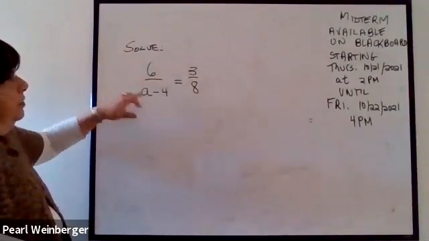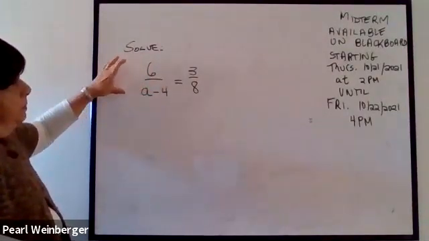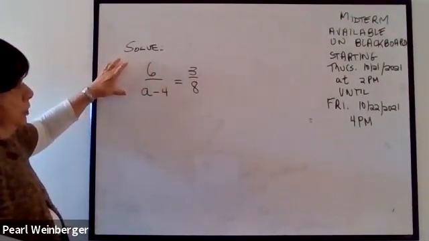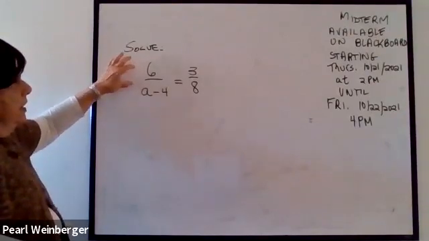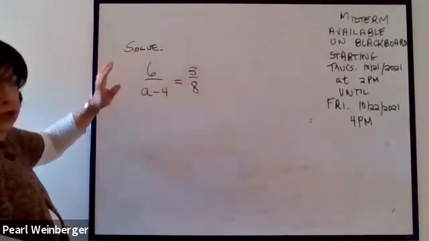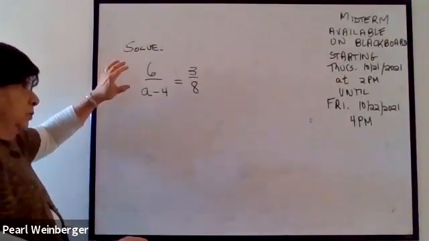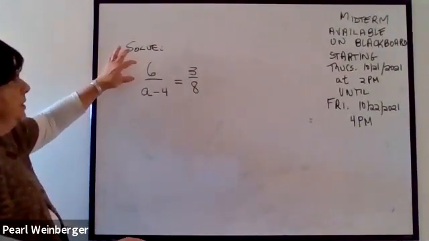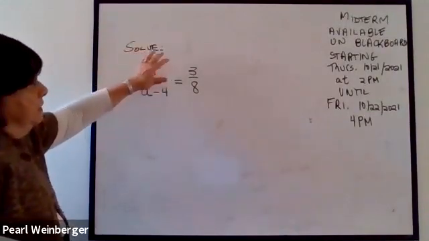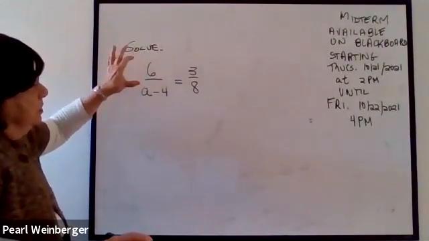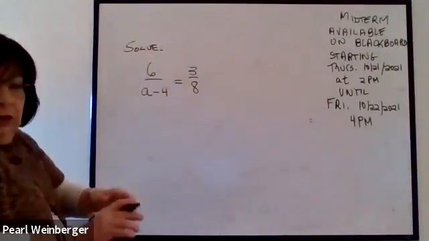It turns out that this is a very particular type of equation that has fractions in it. It is something called a proportion. Not important for you to remember that name, but what's important is that you realize that on each side of the equation, you have exactly one fraction.